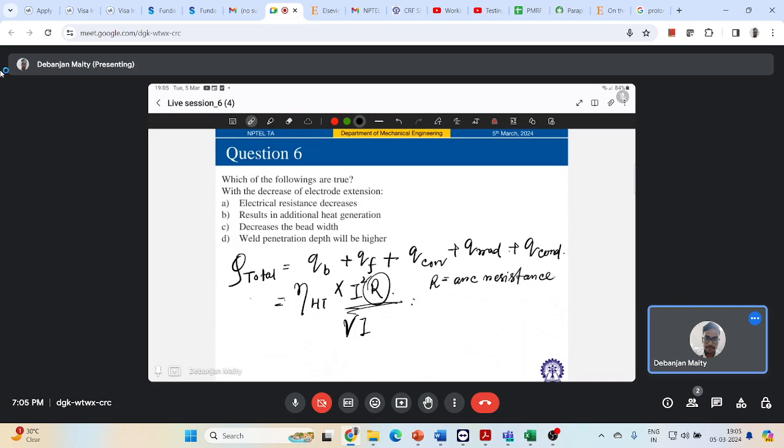So if your current is too high, there will be excessive penetration, right? That should not happen if you join some thin plate, as it will get melted through, right? If you're supplying a lot of current, there will be excessive penetration of your weld, and basically the complete plate will get damaged if it is thin in nature, right?